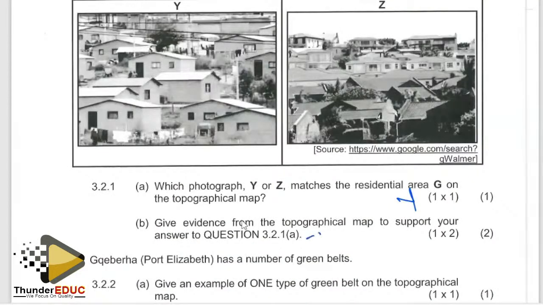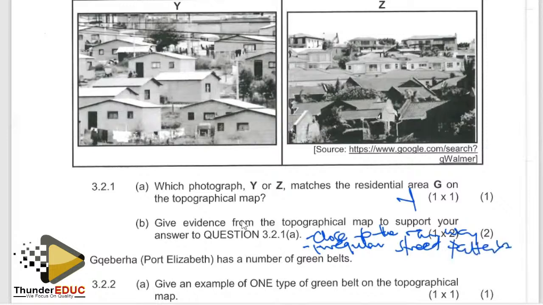Okay, so we give those evidences. Located close to the runway. Besides that, we can also say that an irregular street pattern is seen on the map.